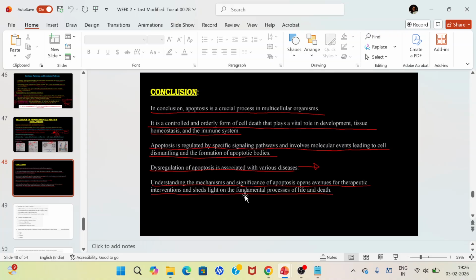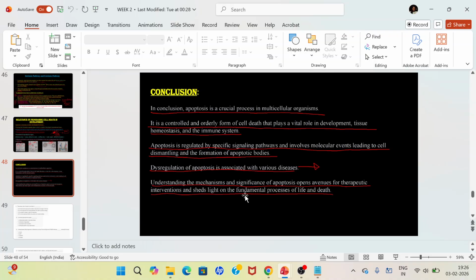It's a controlled and orderly form of cell death, and it plays a vital role in development, tissue homeostasis, and the immune system. Because if cell death won't occur, then the immune cells which take up the antigen entering our body won't die. And if they won't die, then that antigen along with our infected cells will become more dangerous for our system.